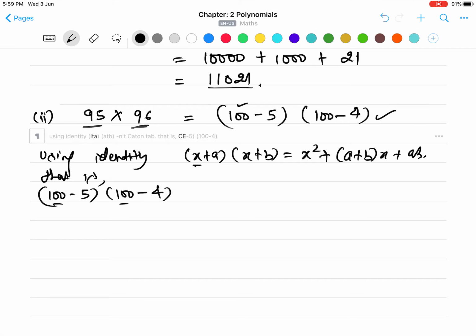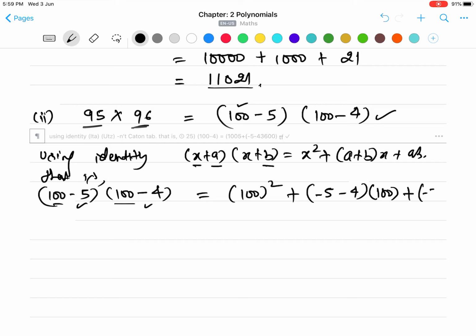Now you can see x here is 100, a is minus 5, b is minus 4. So this will be x square, that means the square of 100. Then we have a plus b, a is minus 5, b is minus 4, multiplied by x, x is 100, then plus a into b, a is minus 5 and b is minus 4. So 100 square is again 10,000.